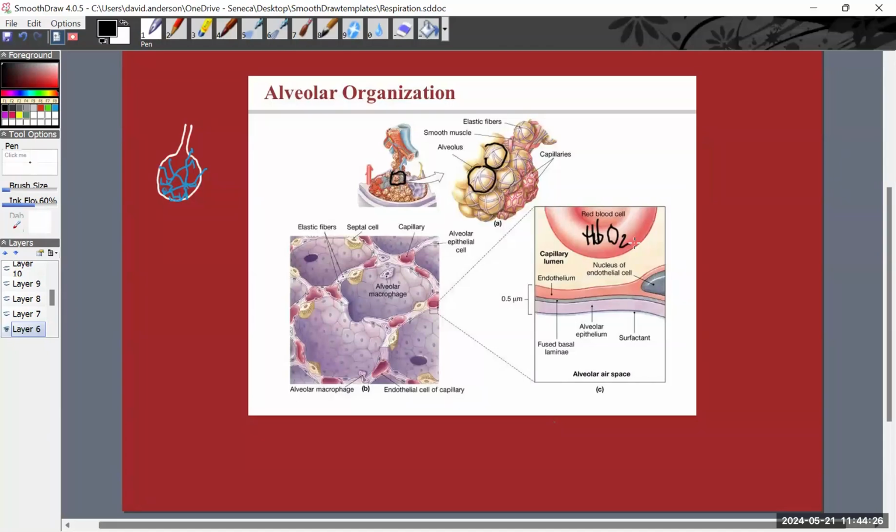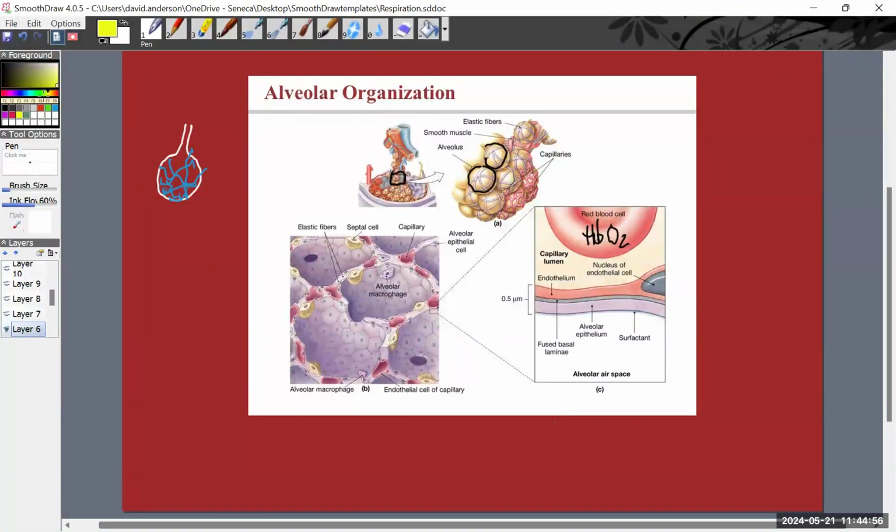And in a single red blood cell, there's about 250 million hemoglobin molecules. So for those of you who are quick on your math, that would mean that in a single red blood cell, there would be 1 billion oxygen molecules when hemoglobin is described as being saturated. In other words, it has all 4 binding sites on it available and saturated with oxygen.